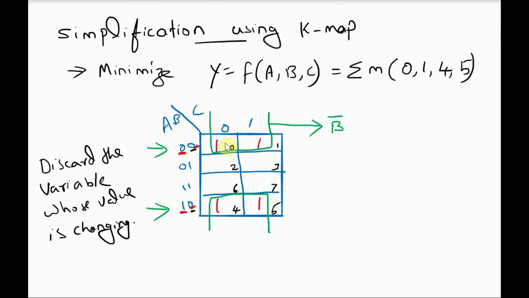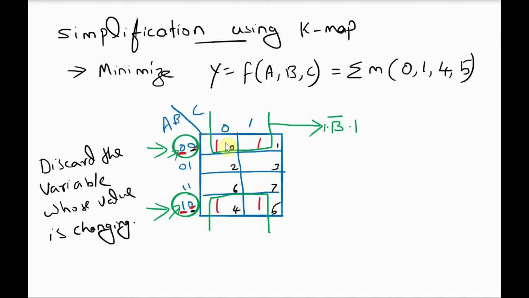When we consider the row, the first row and last row, the value of A is changing. In the first row A is 0 and in the last row A is 1. So we have discarded A. Actually the value of A is 1. That is 1 into the value of B, which is B bar, into the value of C. C is also changing in both columns. So the value of C is 1.